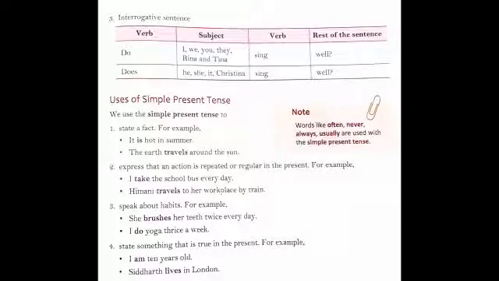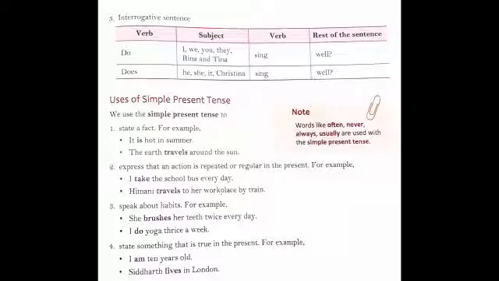Second, to express that an action is repeated regularly in the past or in the present. For example, I take the school bus every day. Here the action is being repeated every day, and take is your present tense form of a verb.